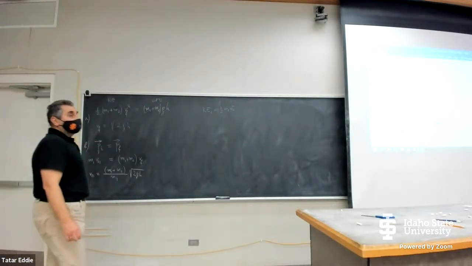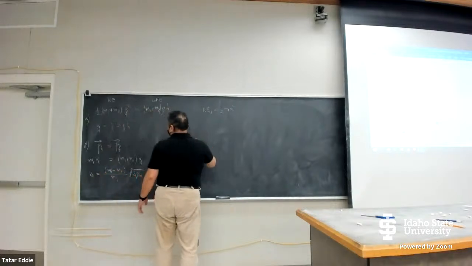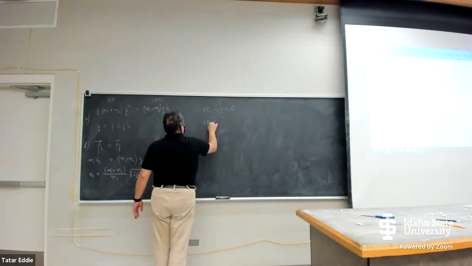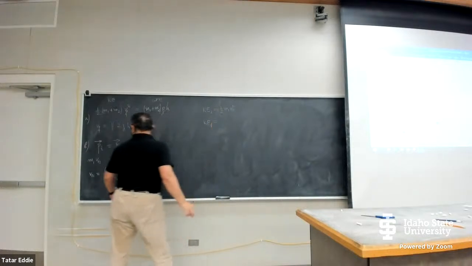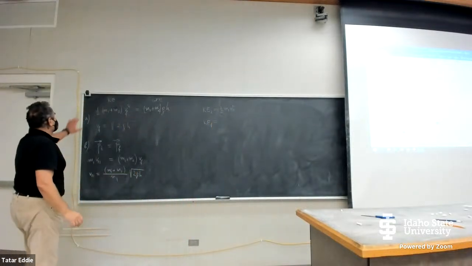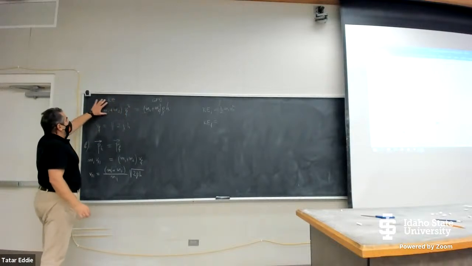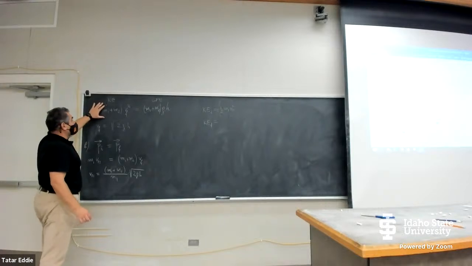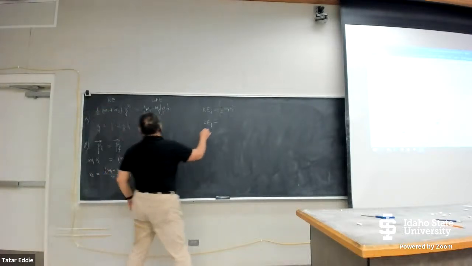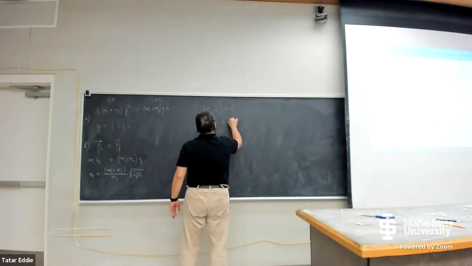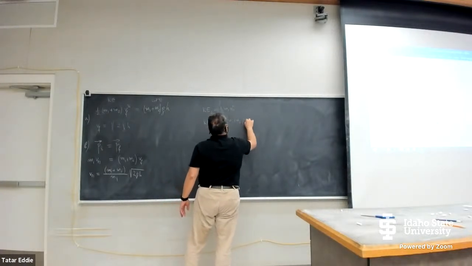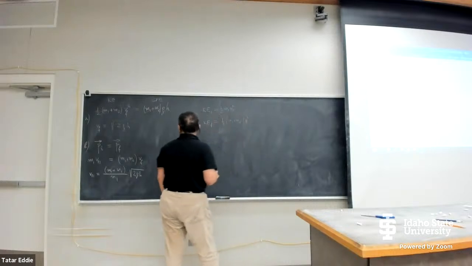After the collision, that kinetic energy is 1/2 (m1 plus m2) times v final squared.